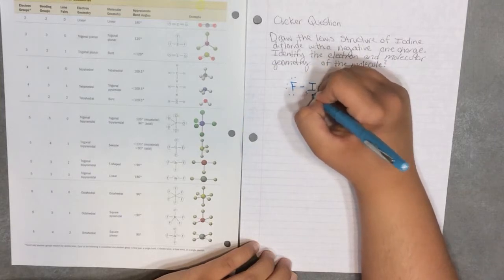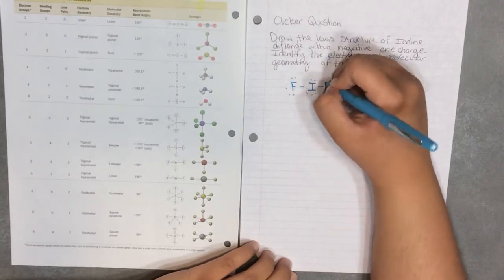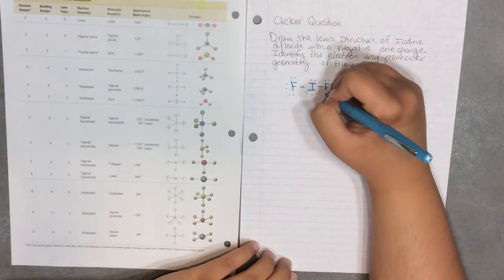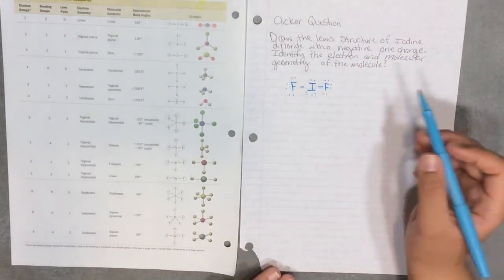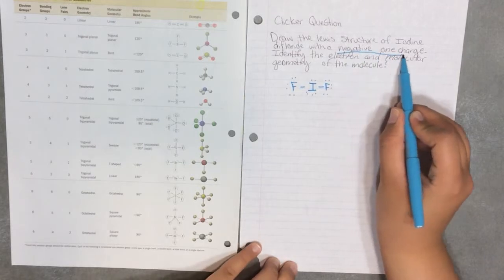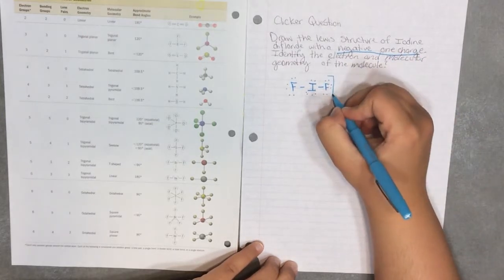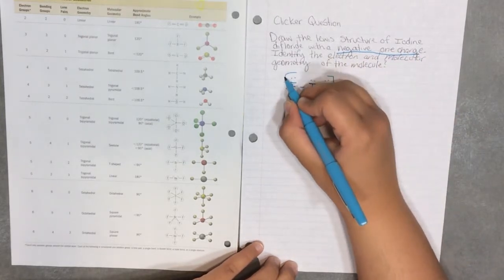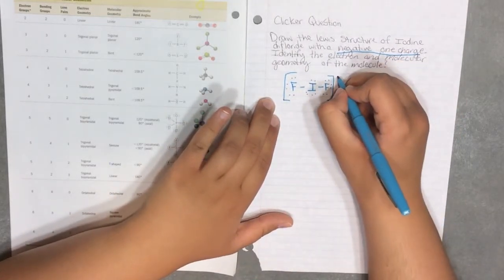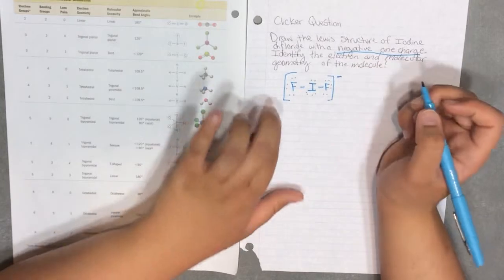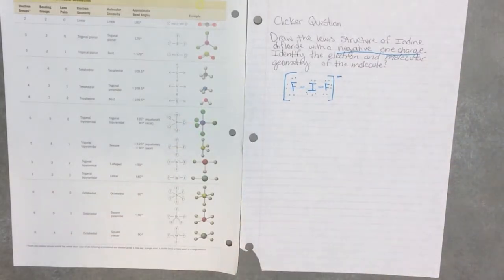We can draw this Lewis model. However, we see that this molecule has a -1 charge. So when drawing the Lewis dot structure, you'll put the entire molecule in brackets and signify a negative charge in the top right-hand corner.